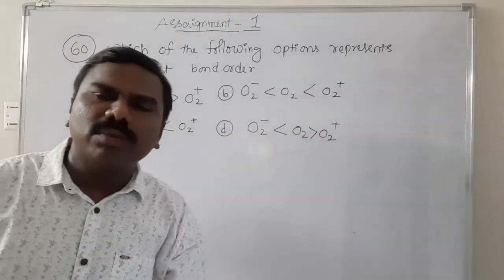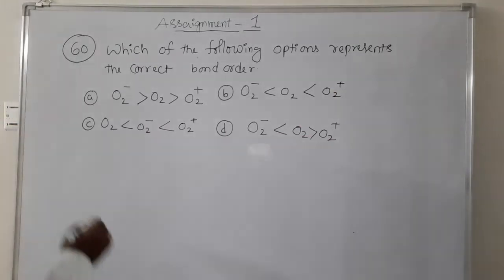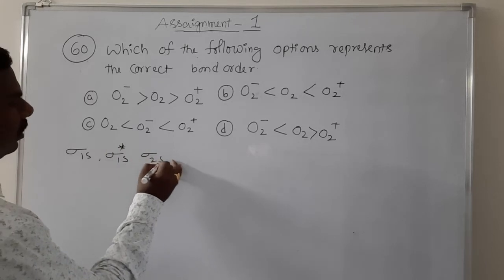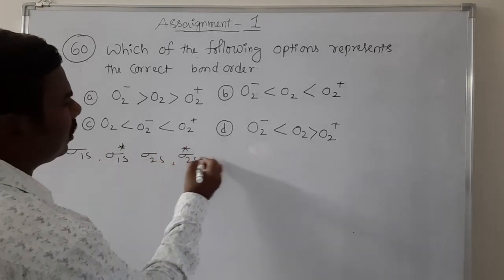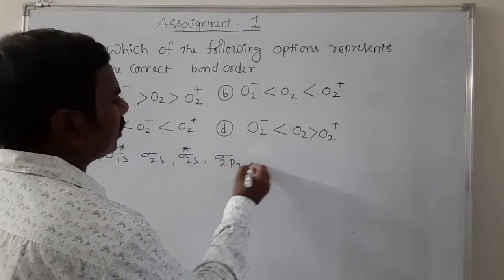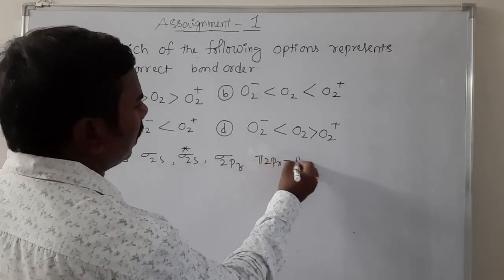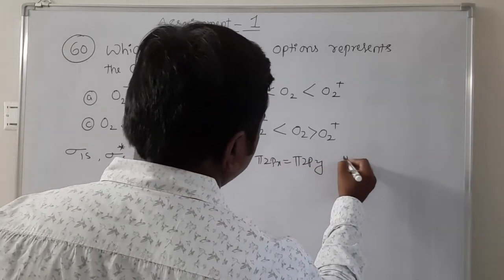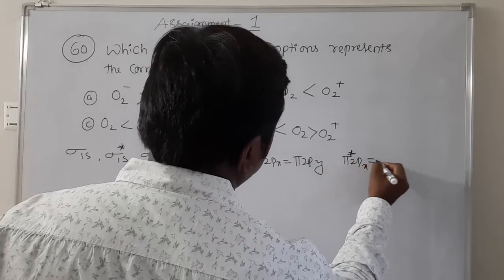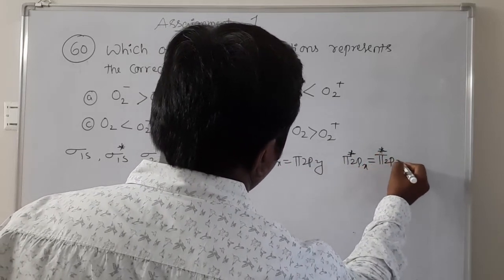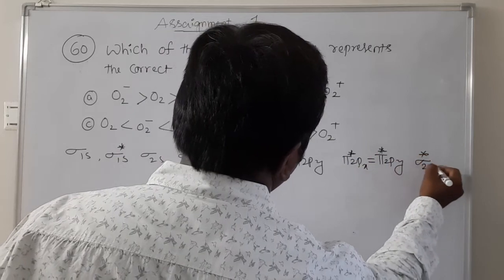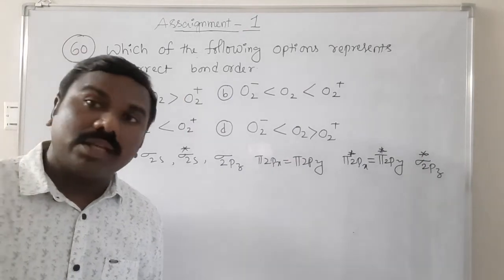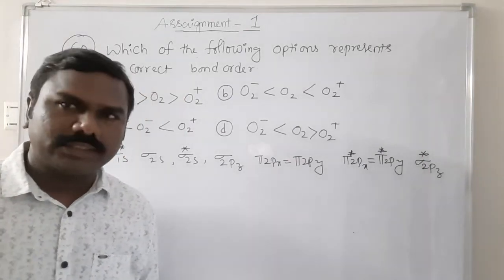For the oxygen molecule, the configuration just now written is sigma 1s, sigma star 1s, sigma 2s, sigma star 2s, sigma 2pz, pi 2px, pi 2py, then pi star 2px, pi star 2py, and sigma star 2pz. This is the configuration for a molecule with more than 14 electrons, like oxygen.